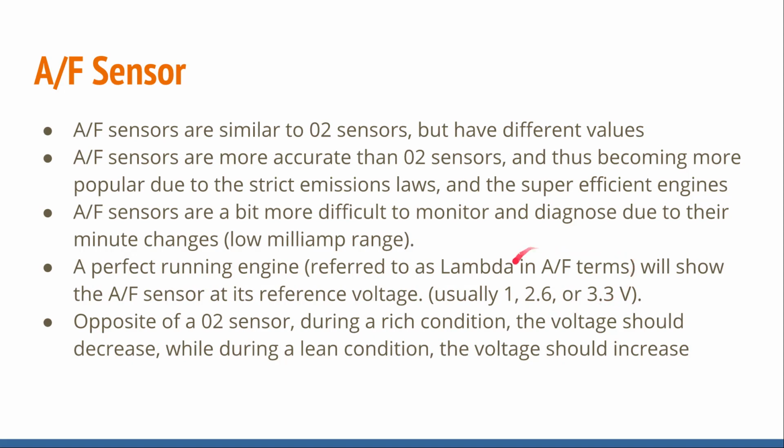So our target is 1 volt. If we see the voltage a little bit higher, that means we're lean. If we see the voltage a little bit lower, that means we're rich. 2.6 is another one that other manufacturers use. 2.6 or 3.3 are kind of the common ones that you'll see. Again, it's basically its target voltage, so that's where it wants it to be.